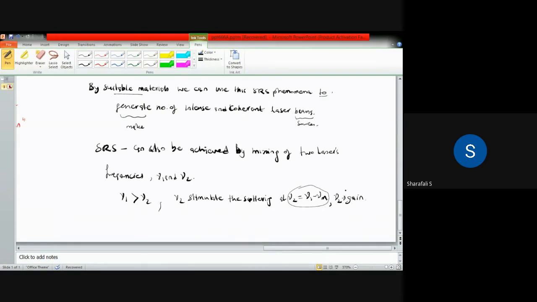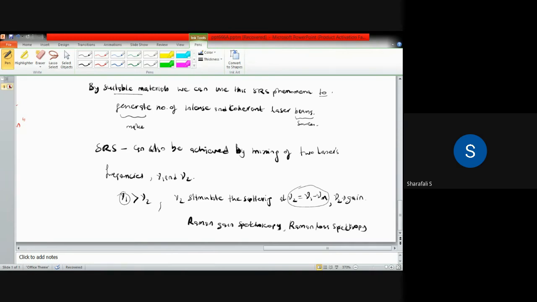If you are using that mu2 gain in your spectroscopy, then it is called Raman gain spectroscopy. Or if you are considering the loss of mu1, then we call it Raman loss spectroscopy. It depends on which one you are using.